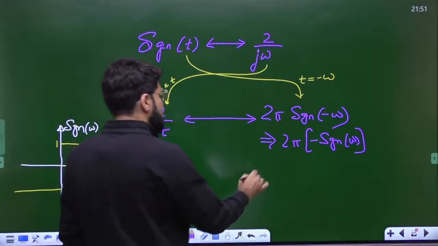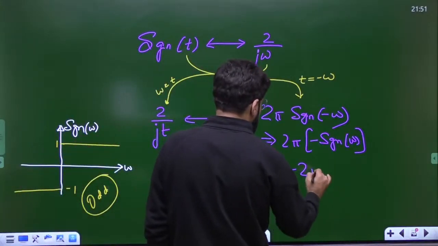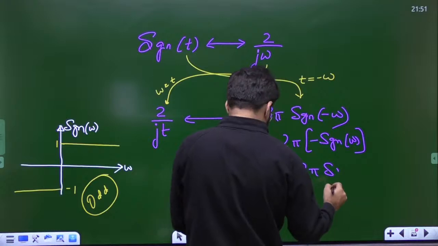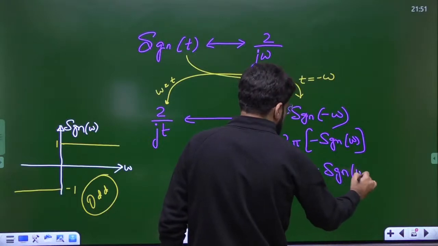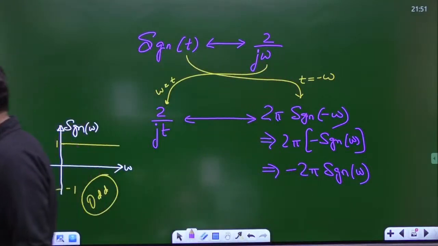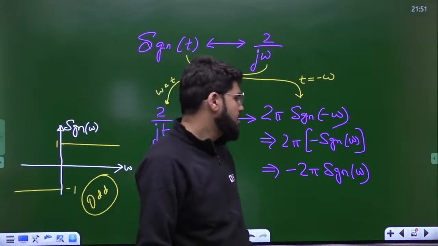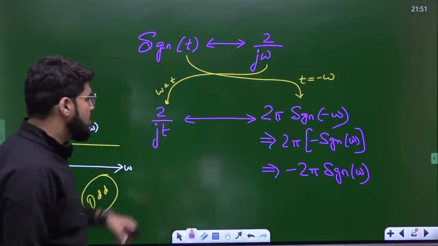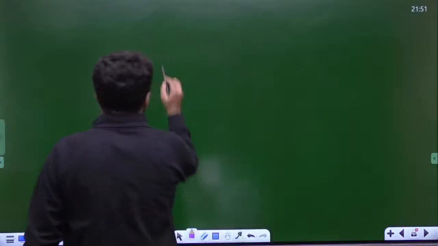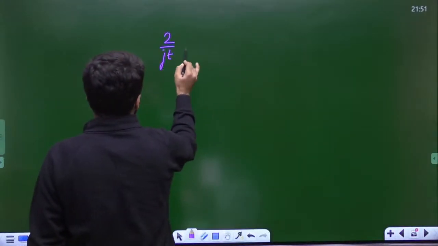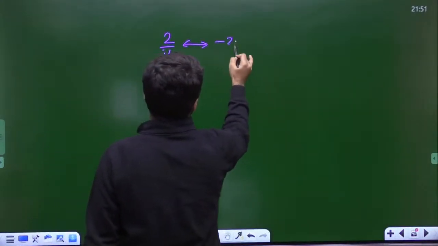Hence this is equal to minus 2 pi signum omega. Okay dear? Minus 2 pi signum omega. So 2 and 2 cancel. Let's continue. 2 upon jt, what is the Fourier transform?